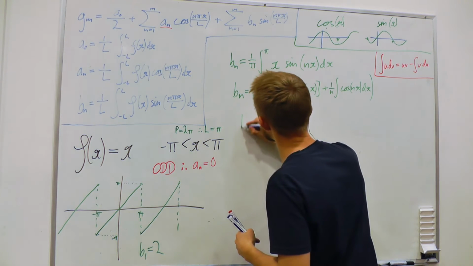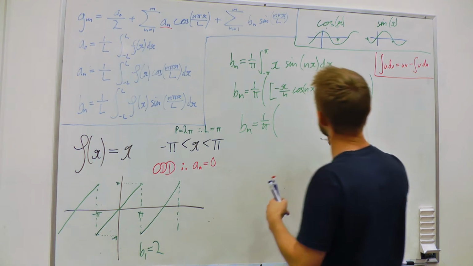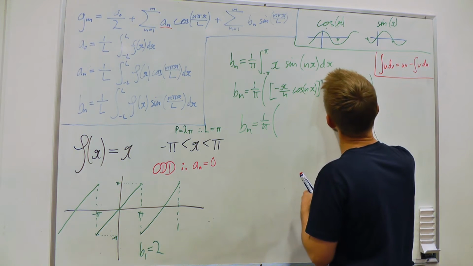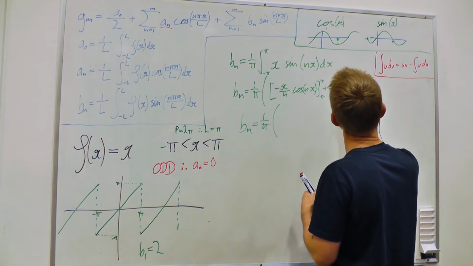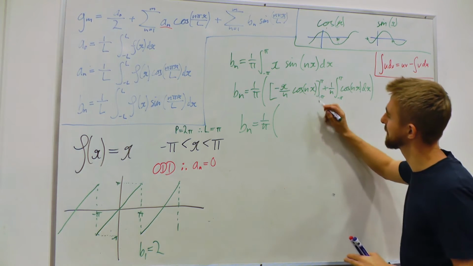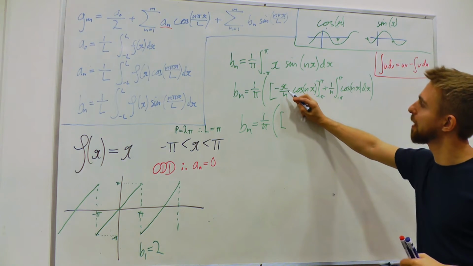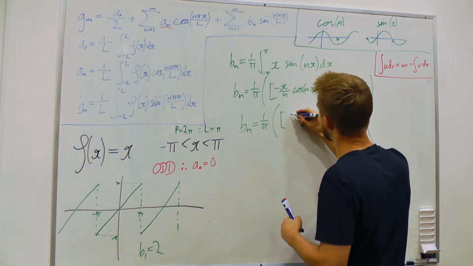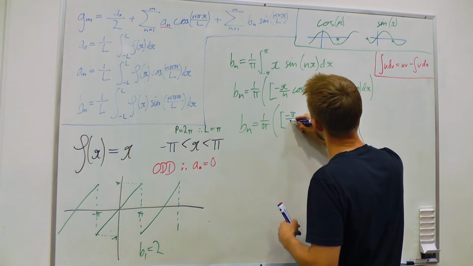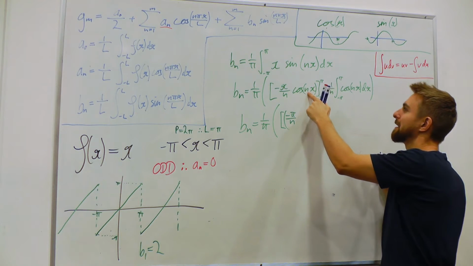We work it through to the next step, so bn equals 1 over pi, big brackets, and this is of course between minus pi and pi. We work it through again. So what's happening inside this bracket? So we've got a minus pi over n times cos n pi.